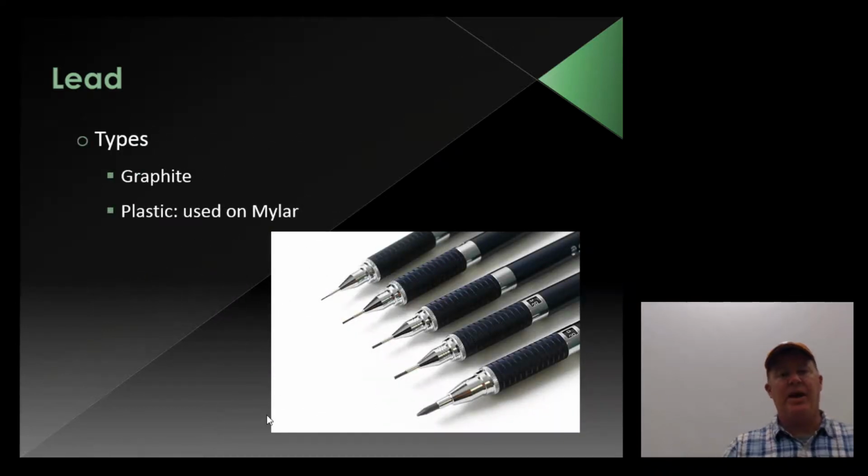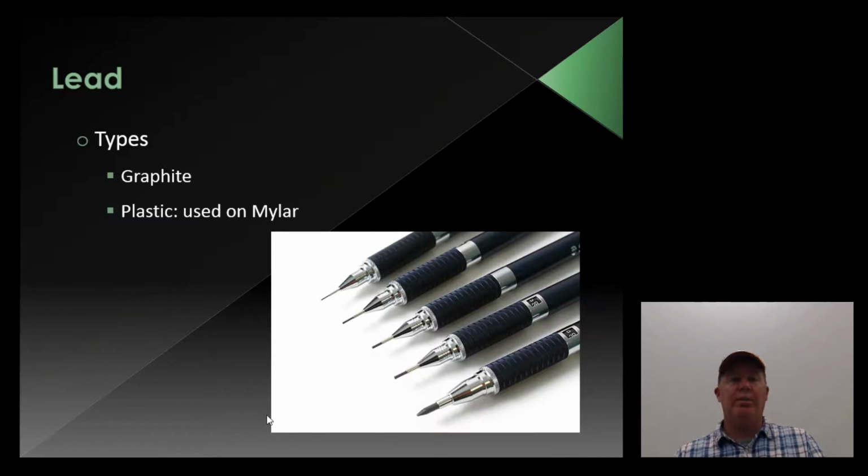Lead, again, the types: they're graphite, which is more like your pencil, and then plastic, which you can use on the Mylar. And that is a good set of pencils there. As you can see, hopefully you can see my mouse moving over the screen. Based on which lead you put in there, you turn that little guy and it will help you remember which lead size you've got on there.